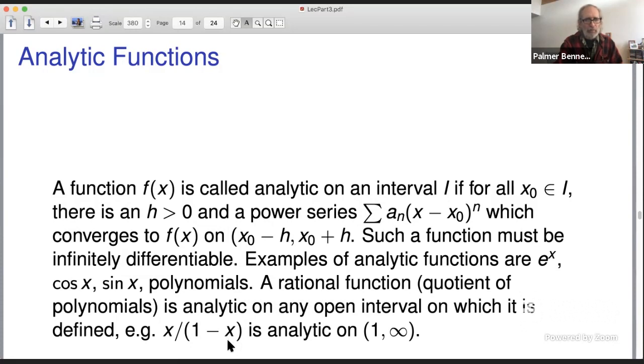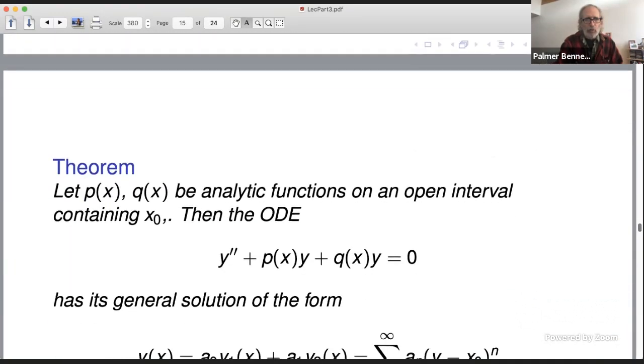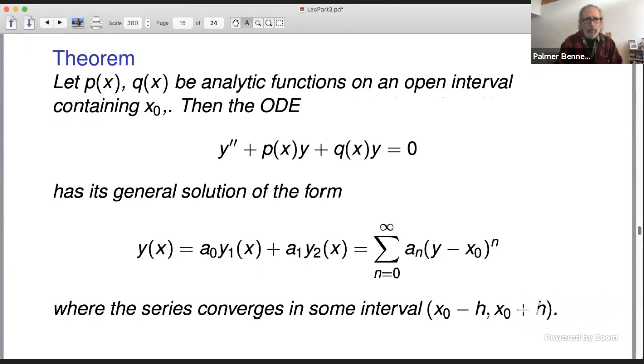So for example, x over 1 minus x is analytic as long as you get rid of the point 1 where it's undefined. Okay. So the theorem is that if you have a second order linear differential equation, y double prime plus P of x y prime plus Q of x y, and if P of x and Q of x are analytic functions on an open interval containing x naught, then this equation would have a solution.